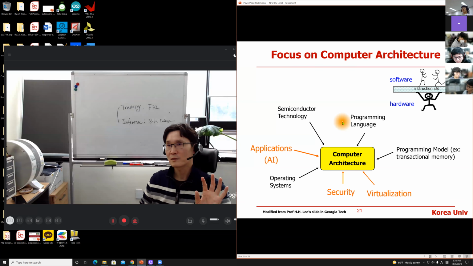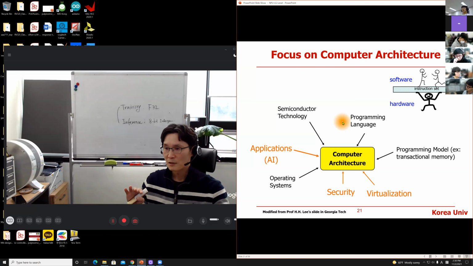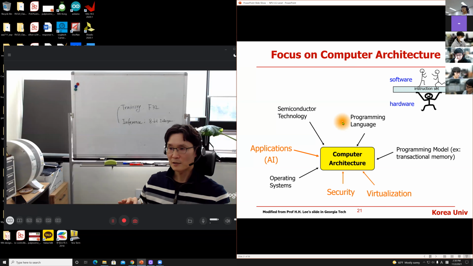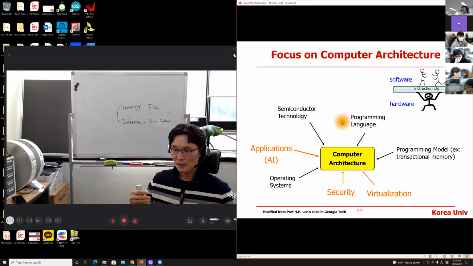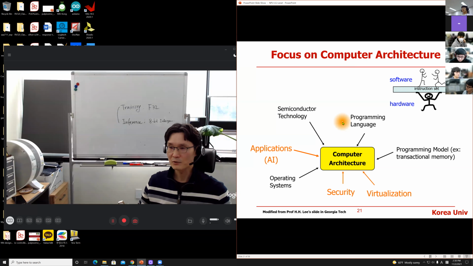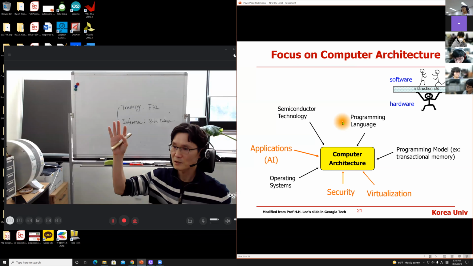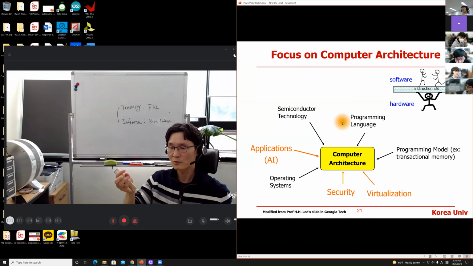Okay, so in the past, 40 years ago, when computers were first introduced, Intel, IBM designed the central processing unit, CPU, and software companies followed the specification.